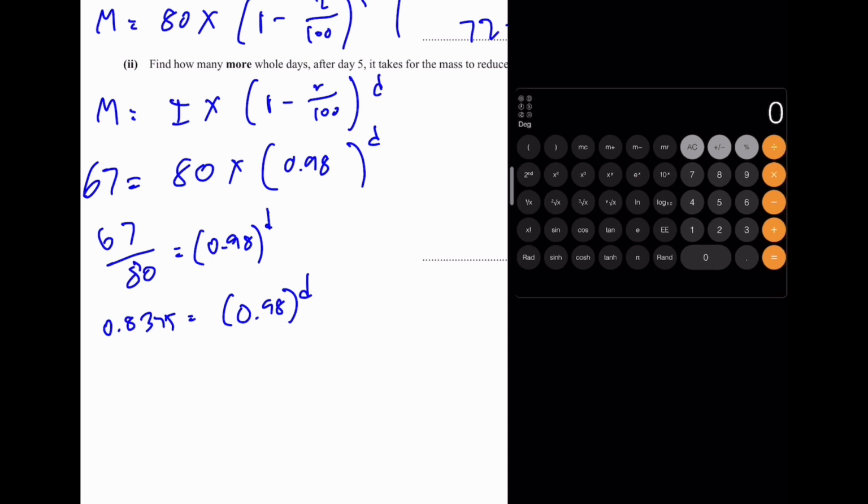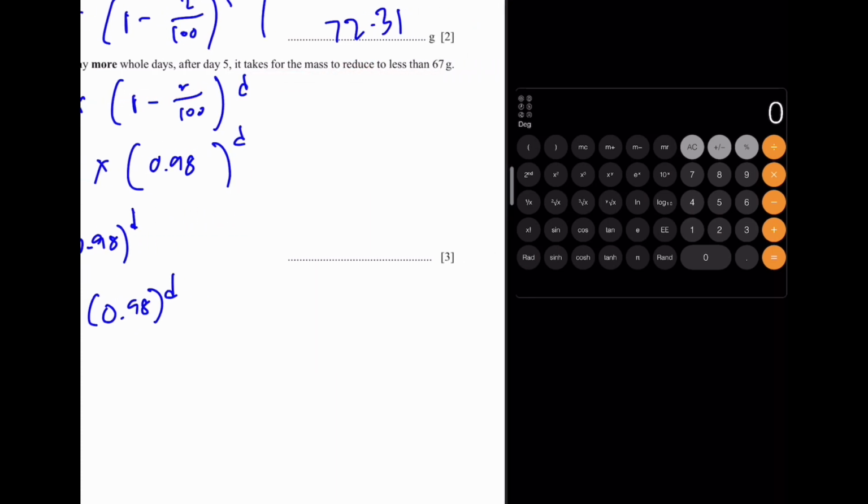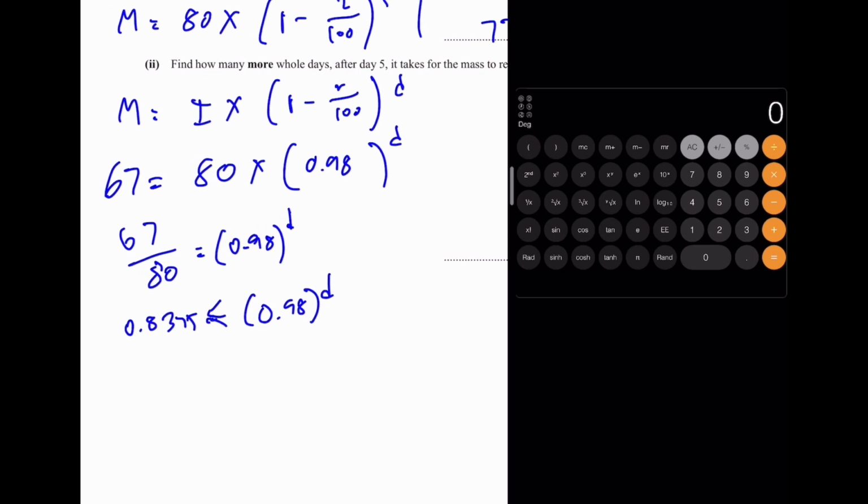Now we can also say that it can be less than or equal to, because as I said at the start, the mass needs to reduce to less than 67 grams. It's not to be equal to 67, to be less than 67. So that's to be less than or equal to this value. Now what's the closest value of D which makes it less than or equal to this? That will be the answer.